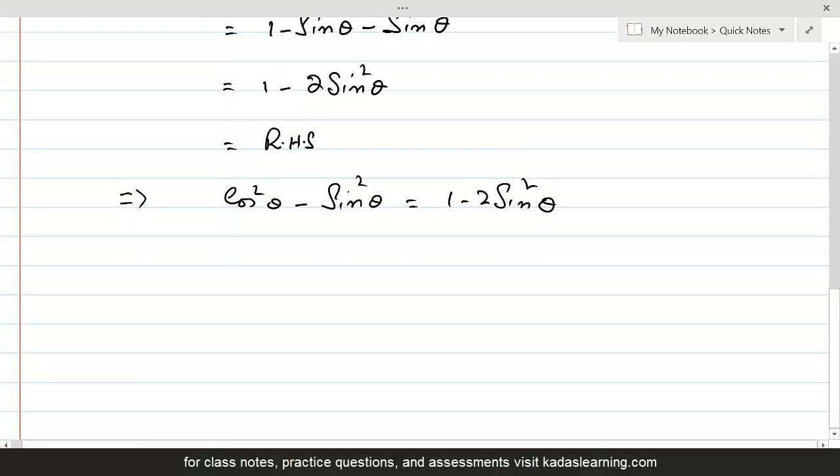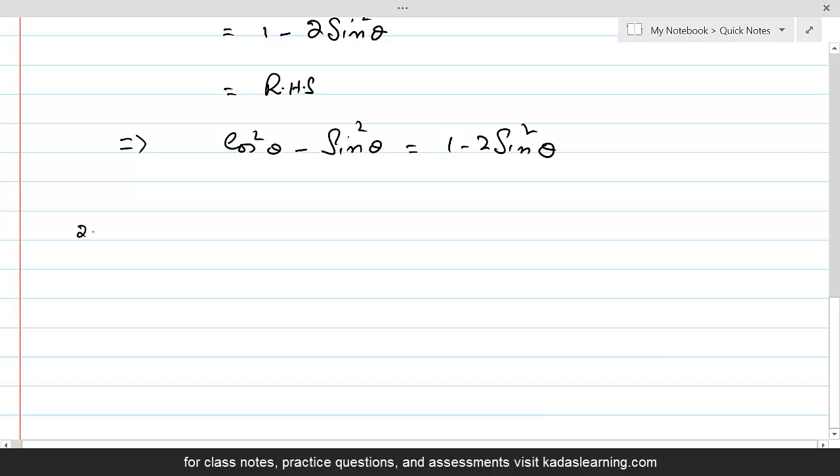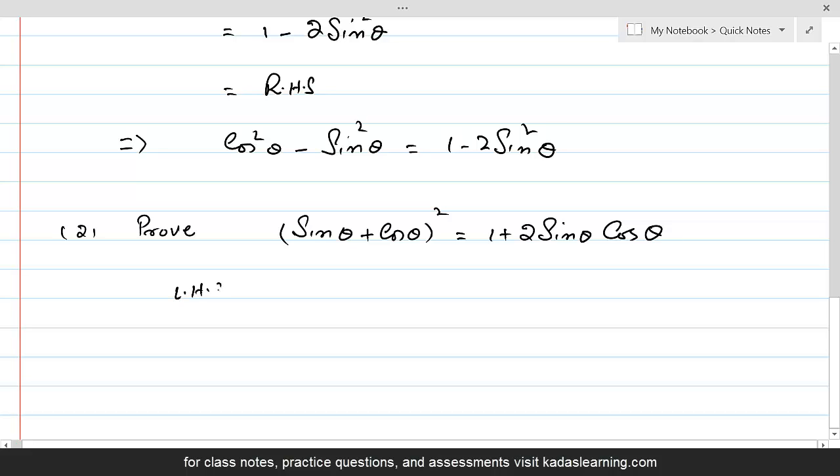Let's prove another one. Here another question is that prove sine theta plus cos theta whole square equal to 1 plus 2 sine theta into cosine theta. Again, left hand side is equal to sine theta plus cos theta whole square.